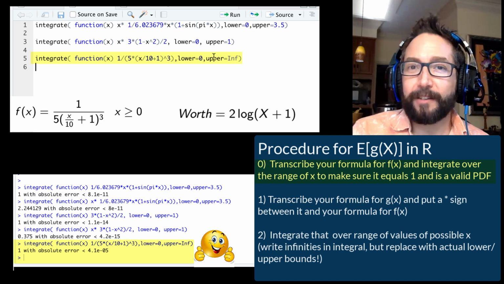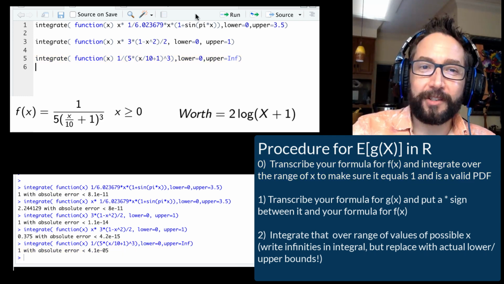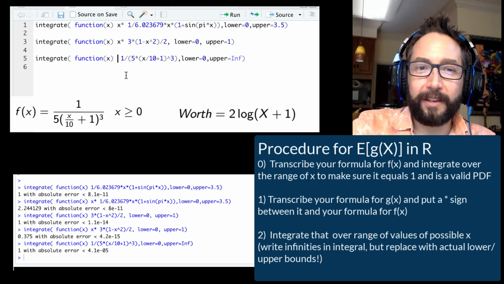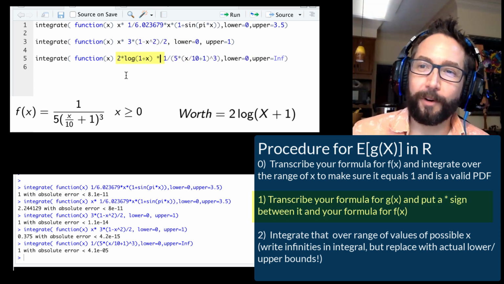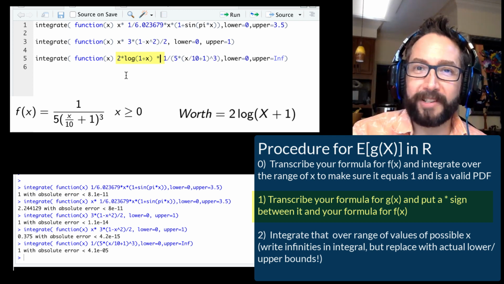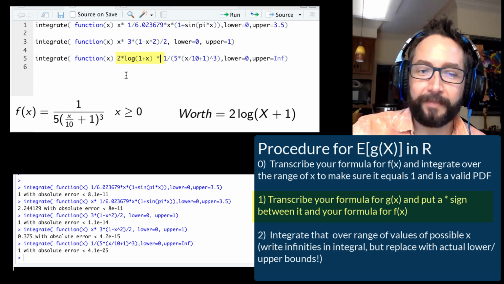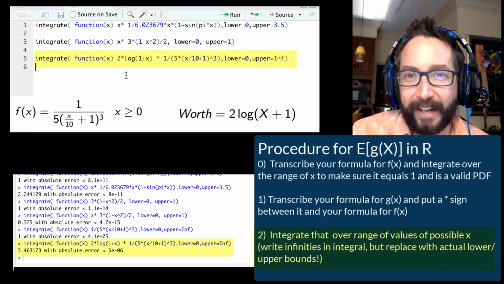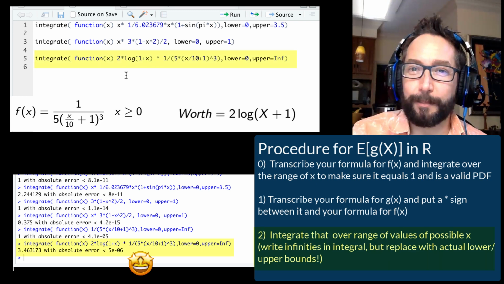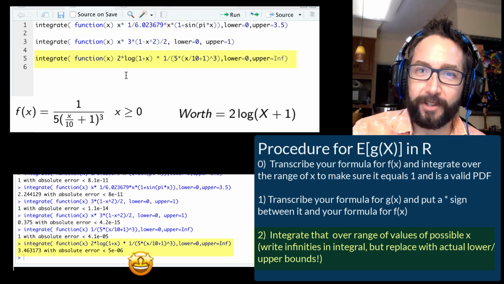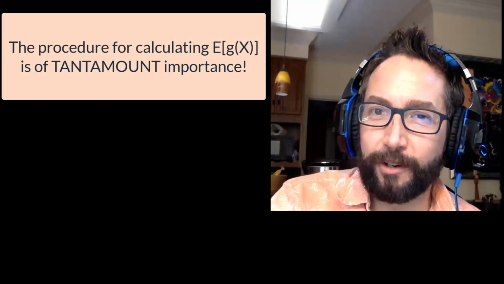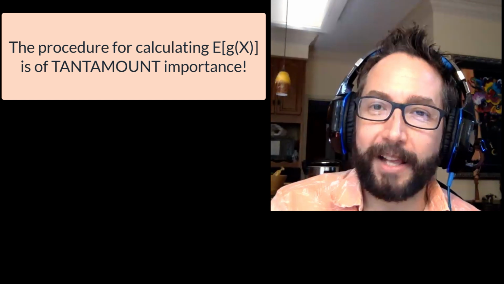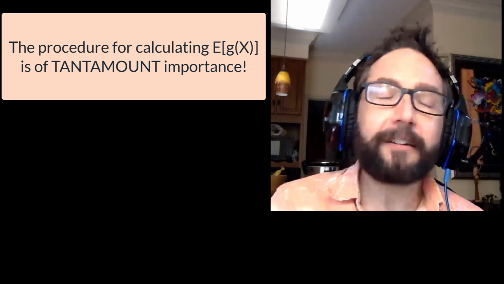And so to get the expected value of the worth, I just preface that function with the formula translating what a value of x is in terms of worth, 2 times log of 1 plus x, that function of interest. And so once I run that through, I find that the expected worth of the steel that's being produced is 3.46.